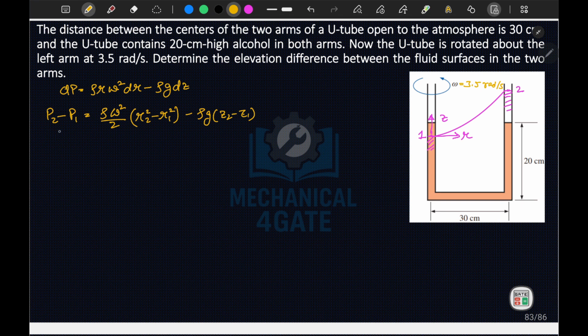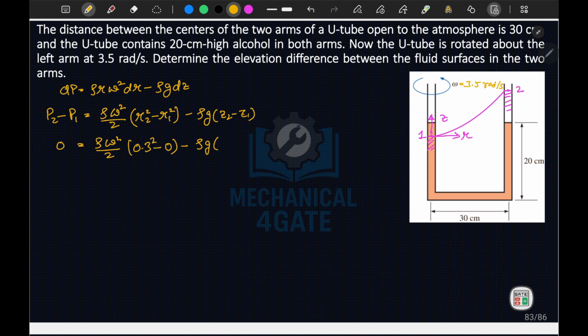We can say that P1 and P2 both are on the surface, so both will be 0, which is equal to rho omega square by 2 times of R2 square, which is this distance, 0.3 meter, minus R1, which is 0, minus rho g. Now this is the distance we have to calculate, Z2 minus Z1, the elevation difference between the two surfaces in the two arms.